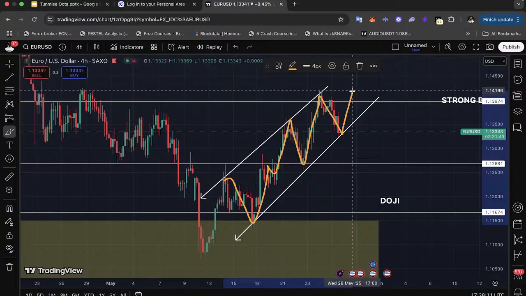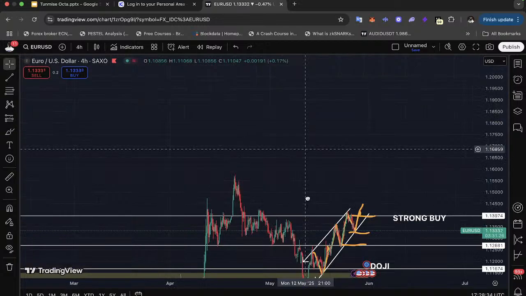So you can decide to buy at this level. You can decide to buy at this level if it comes down further, and you can decide to buy at this level. All right, your target level is clear, and your target level is here.